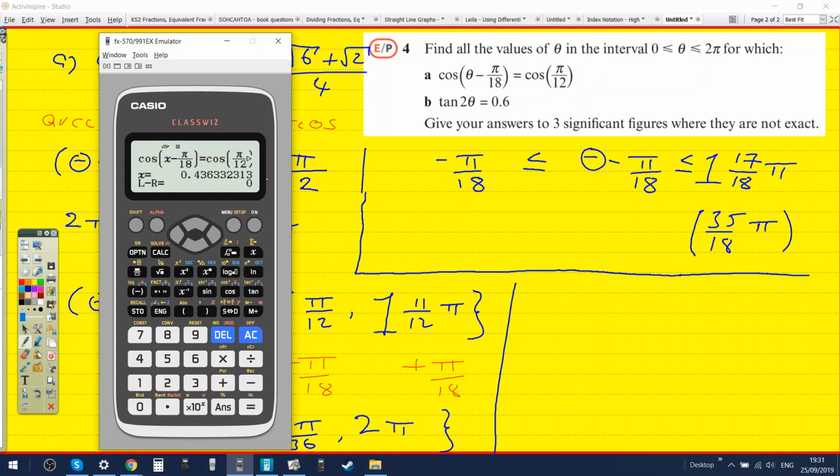0.4363323. What I'm a bit confused about is how you're able to choose 1 and 0.1. Where are the numbers coming from? So when you press shift solve, you have to choose some initial value. It's like when you're doing iterative formulae and they have to tell you x0 is 3. You press 3, press equals, and that's your first answer in your calculator.